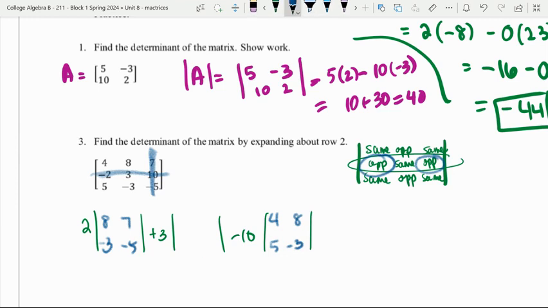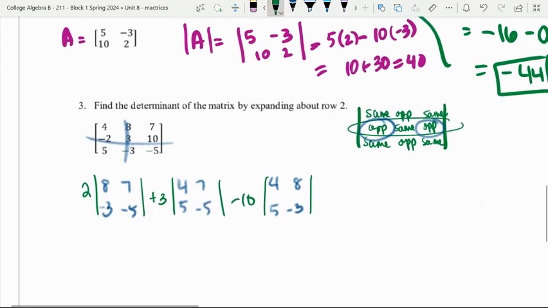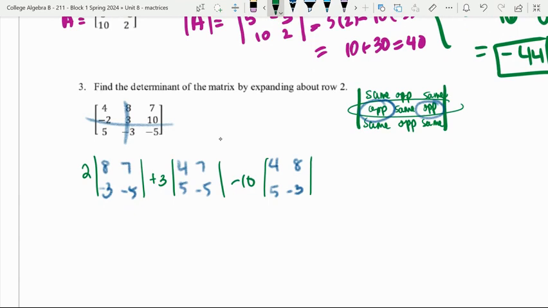I go back to this one, cross off the 3. So that was a 4, 7, 5, -5. And then you just evaluate each of those determinants. So same on the 2, or I'm sorry, opposite on the 2, so +2. Same on the 3, opposite on the 10 for row 2.